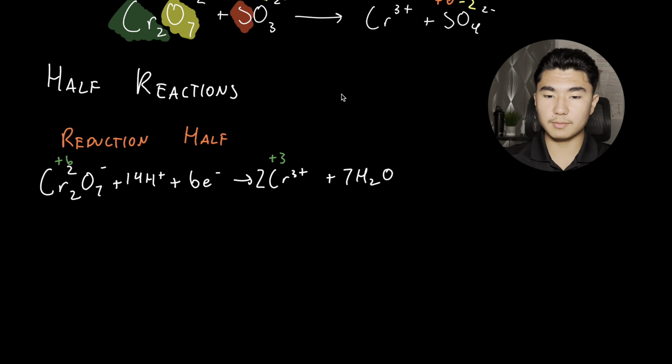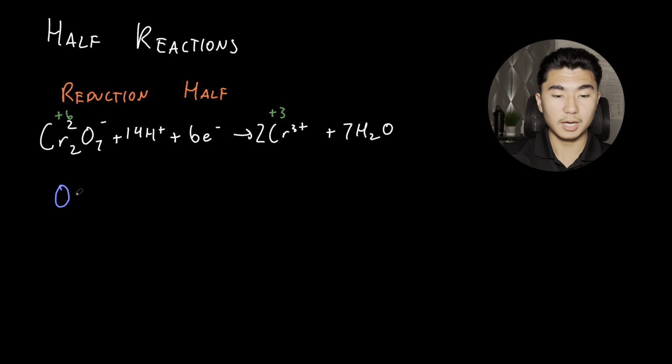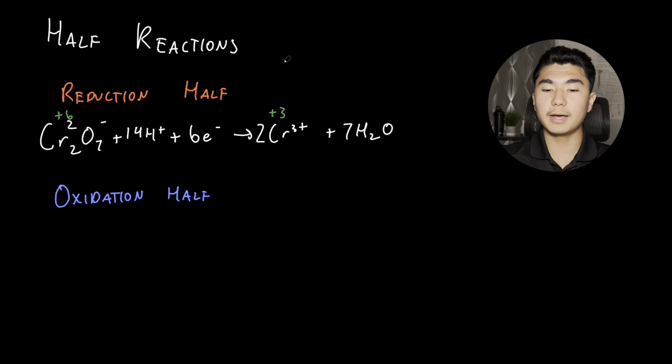Now, what about the oxidation half? I'm going to scroll down over here and let's talk about the oxidation half reaction. We know automatically that the sulfur was the one being oxidized.